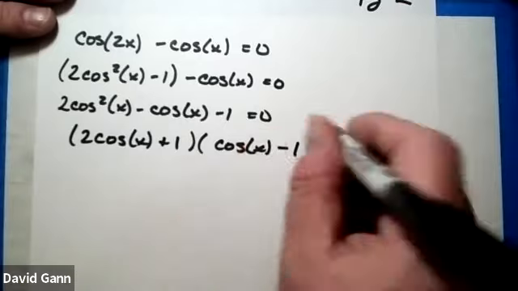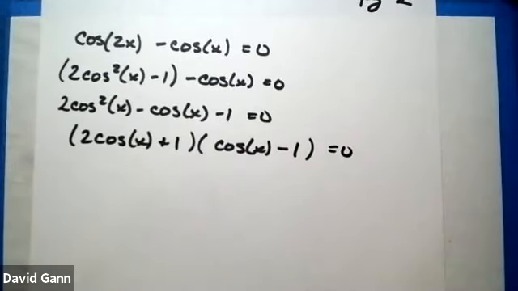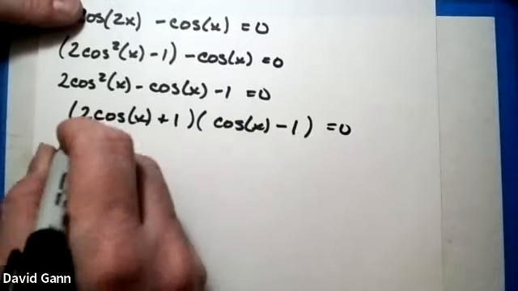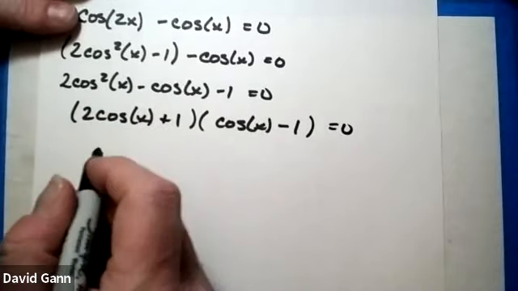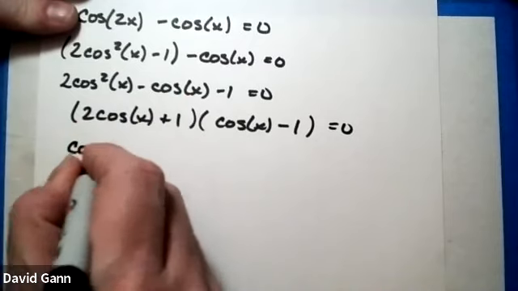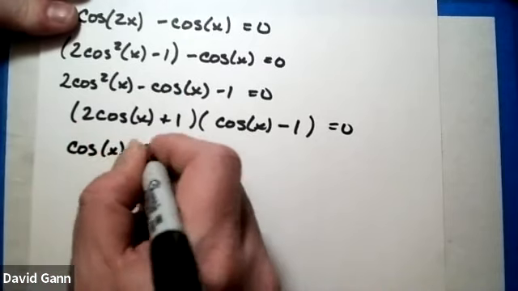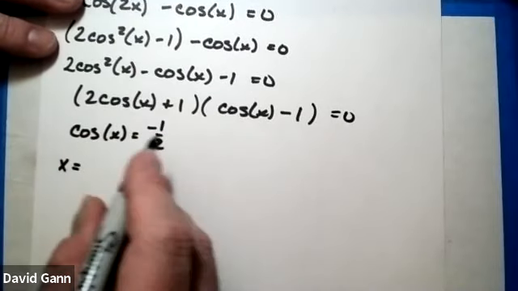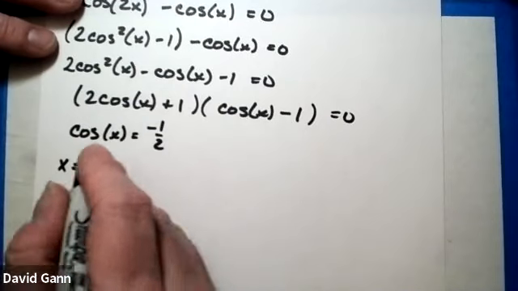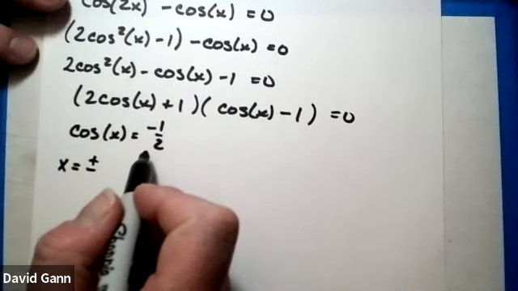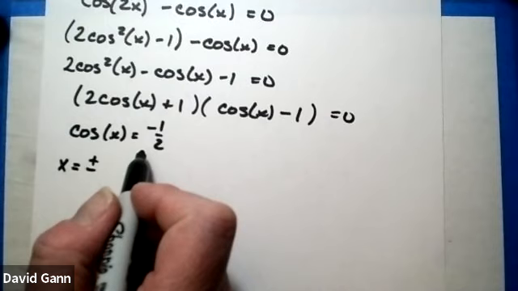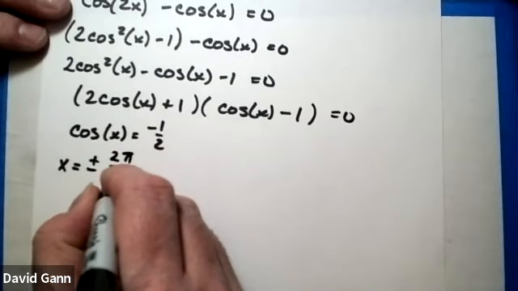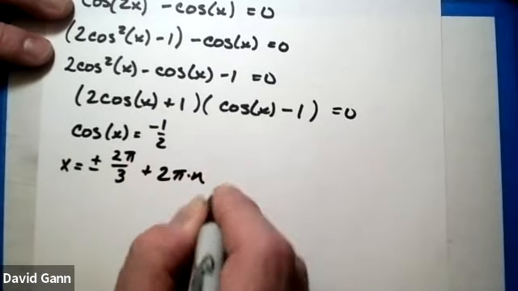So now I have 2 different trigonometric equations that I can set both of them equal to 0. We've done this before, so I'm going to go a little bit quicker. You have from this one cosine of x equal to -1/2, which tells you that x is going to be equal to plus or minus the inverse cosine of -1/2, which is 2 pi over 3, plus 2 pi times n.